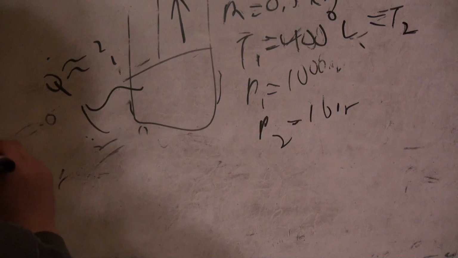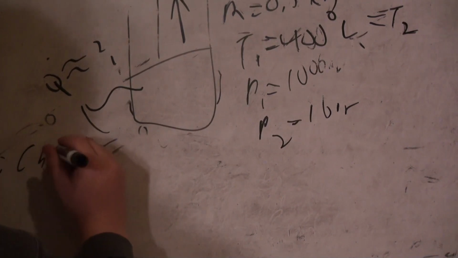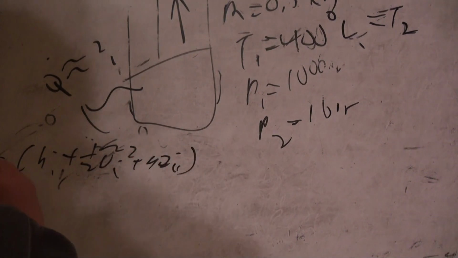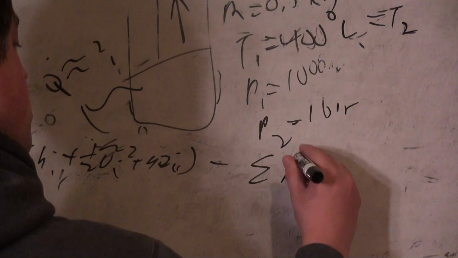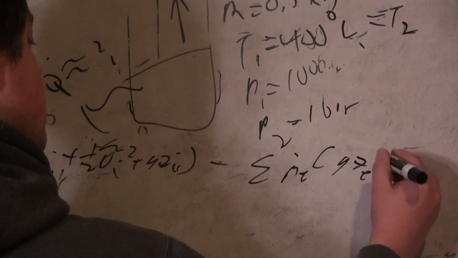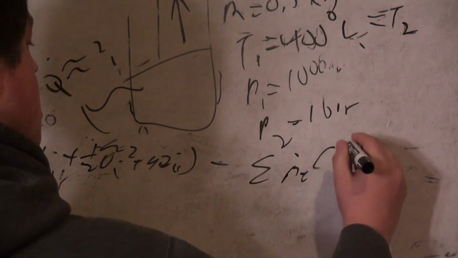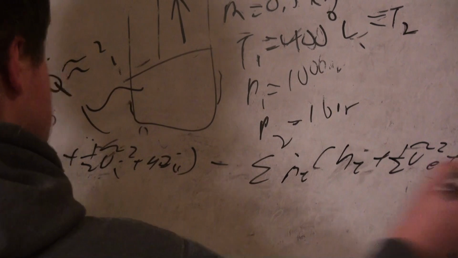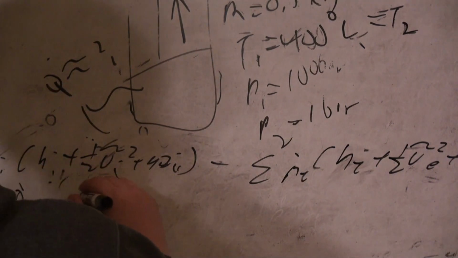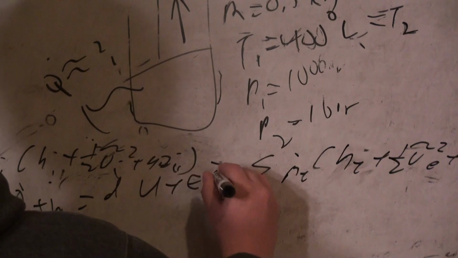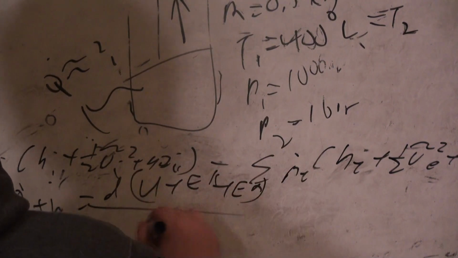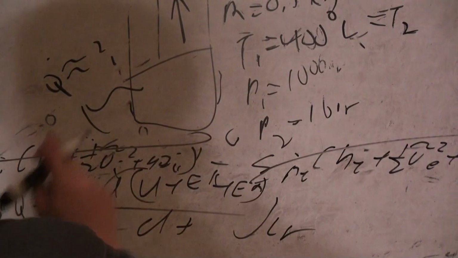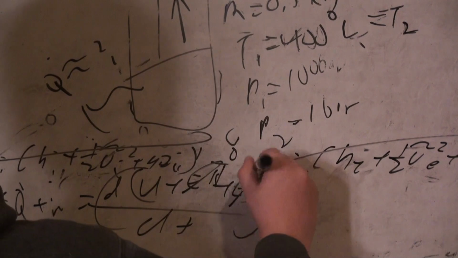So we have m dot in times (h plus one half v squared plus gz) in, minus m dot out times (h plus one half v squared plus gz) out, plus Q dot plus W dot equals d(U plus KE plus PE)/dt of the control volume. Nothing coming in, nothing coming out. We have heat, we have work, we don't have kinetic energy, and we don't have potential energy.